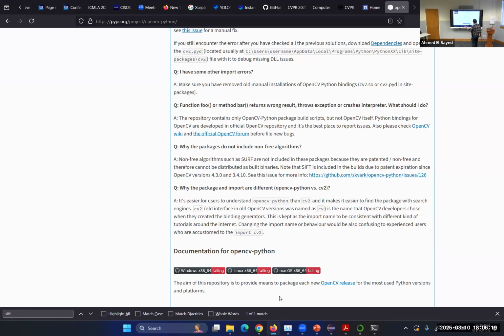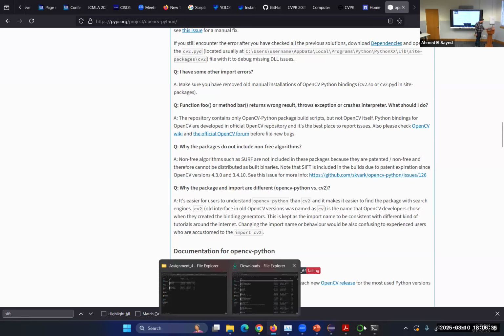So those are the only two solutions that you can use to include the SURF algorithm in your installation. Why are we talking about SURF? Because we will need it, as we'll discuss it soon.